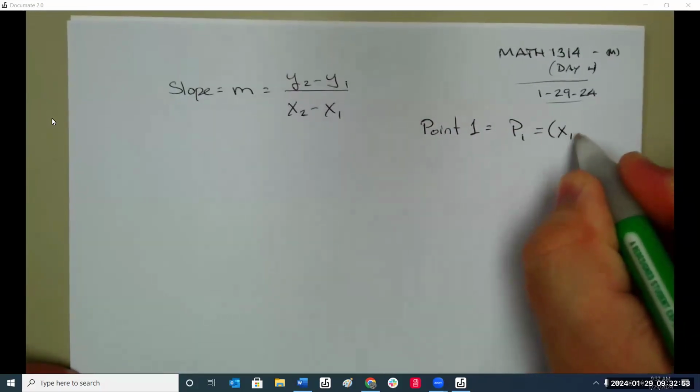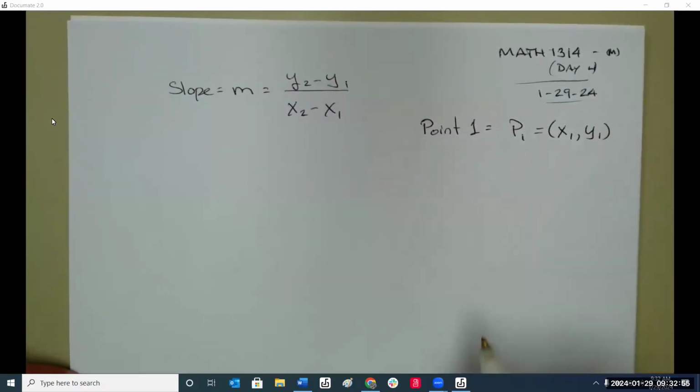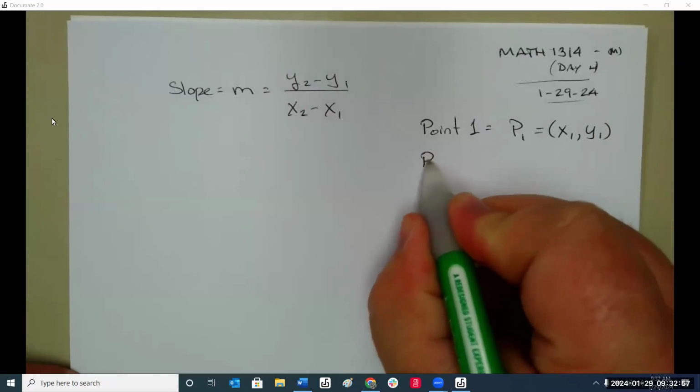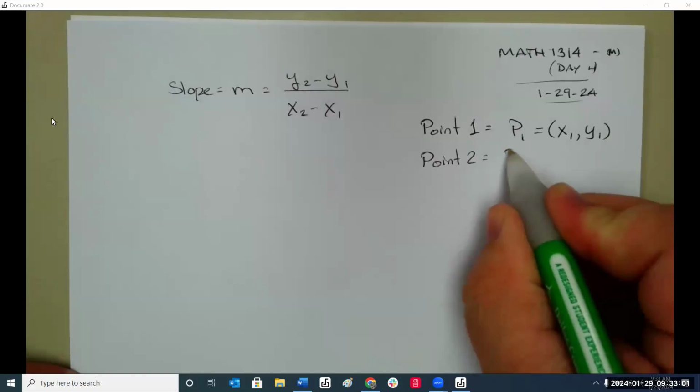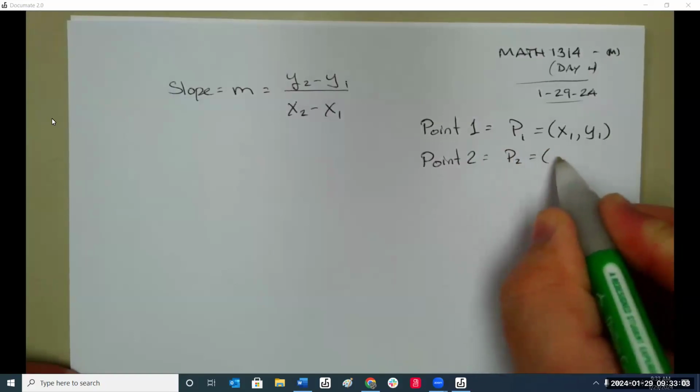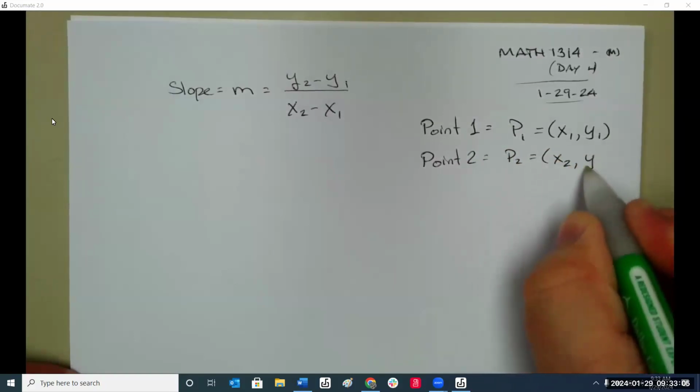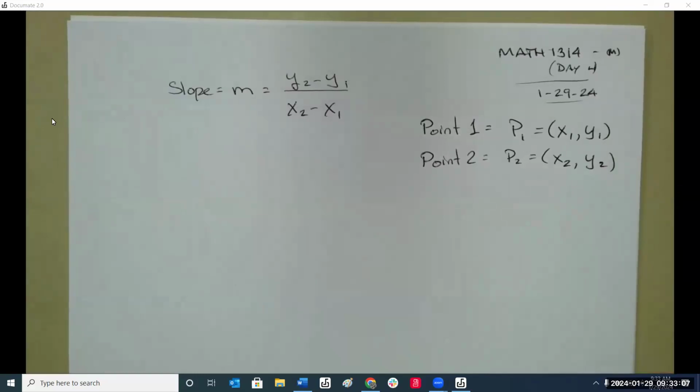It's made up of x1, y1. The second point is denoted P2. It's made up of x2, y2.